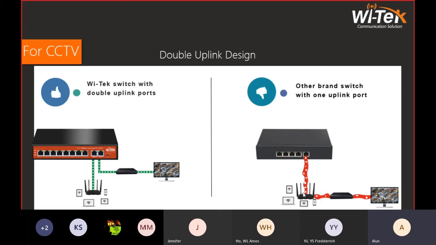If the wireless router's performance is weak, it will make your video very slow. But our design is a double uplink port. One uplink port connects to the NVR directly, and one uplink port connects to the wireless router. When your video is sent from the camera to the PoE switch, it will transmit directly from the uplink port to the NVR, no delay, and it will make your video more stable.